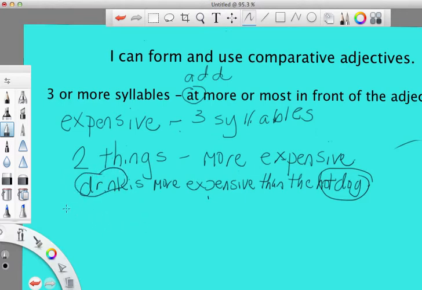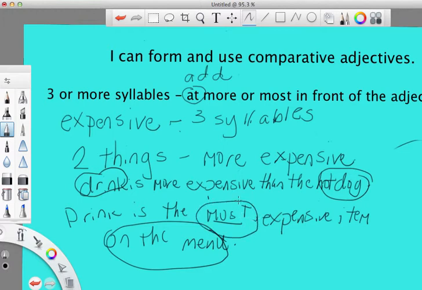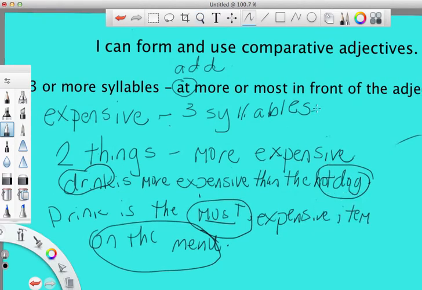However, if I were going to say the drink is the most expensive item on the menu, then what we are saying is that out of all of the things on the menu, it's the most expensive. So that's when you use more versus most. It has to do with the syllables. If it has three or more syllables, then you're going to be using more for two things and most for more than two things. Pretty easy.